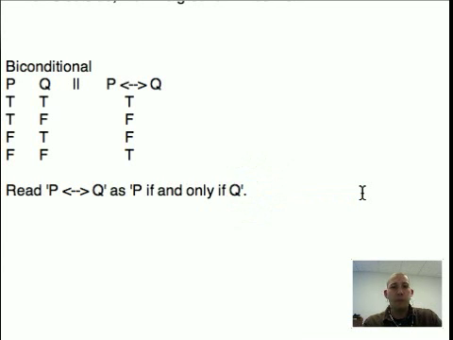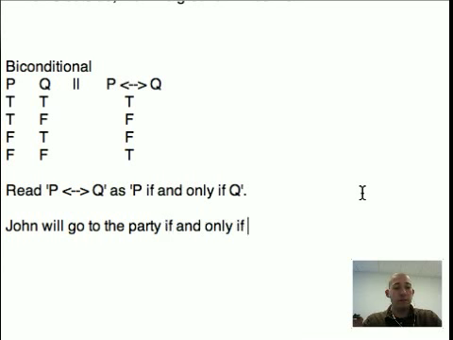And we'll go over some examples in the discussion of where the limitations come up. And so let's go over a few examples. John will go to the party if and only if Susie does.